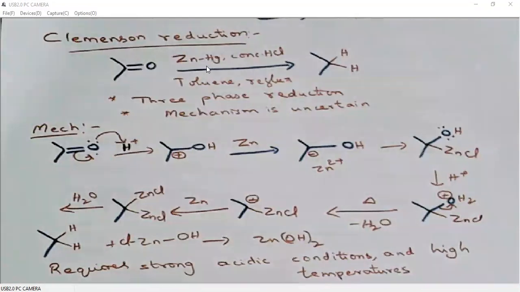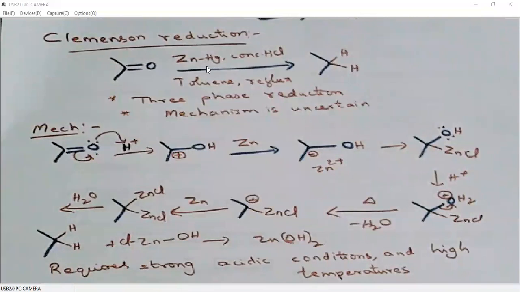Okay, so when we have acid sensitive functional groups in the molecule or in the starting material, then we cannot use Clemmensen reduction for the reduction of either aldehydes or ketones, right? Because we are using strong acidic conditions, concentrated HCl as well as high temperatures.